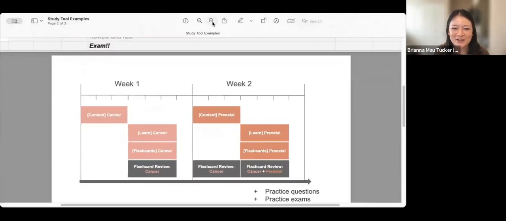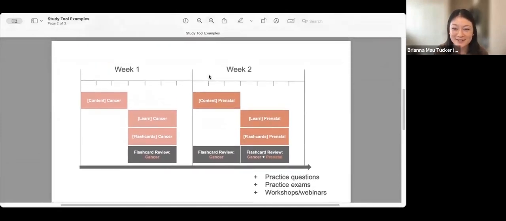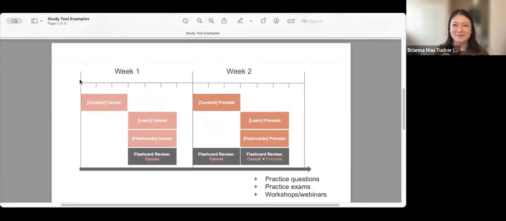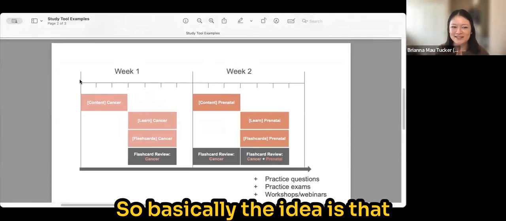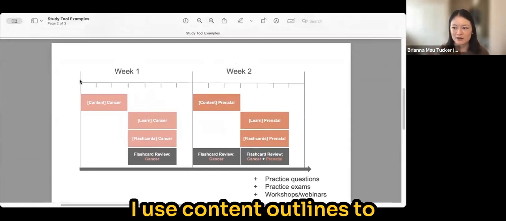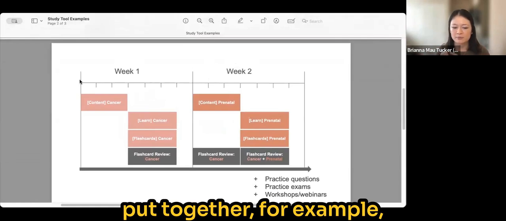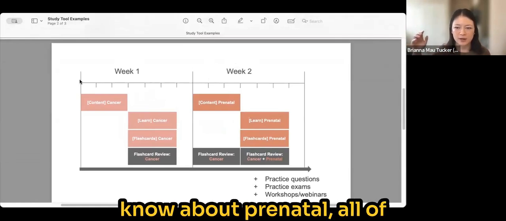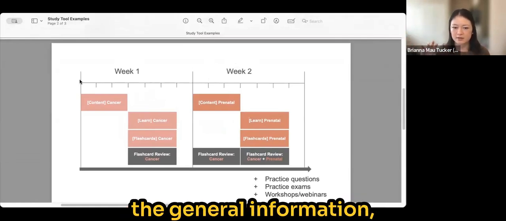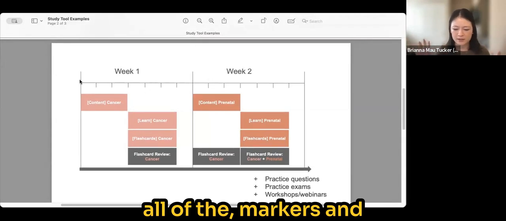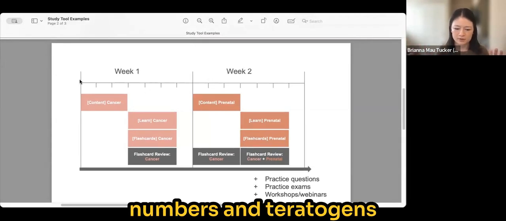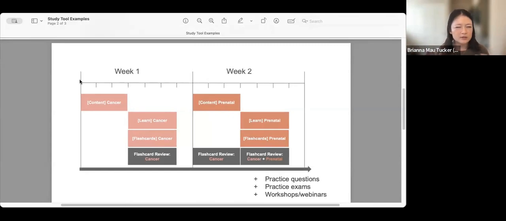Hopefully this is not too confusing, but I'll walk you through it. Basically, I used content outlines to put together, for example, everything I wanted to know about prenatal, all of the general information, all of the markers and numbers and teratogens and the conditions that I had seen in prenatal clinic.